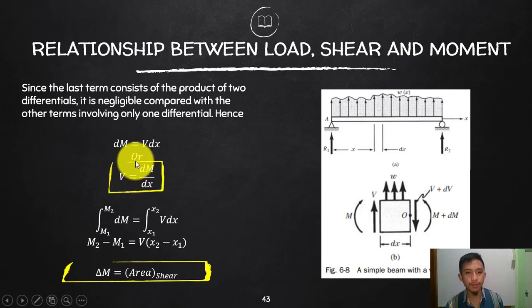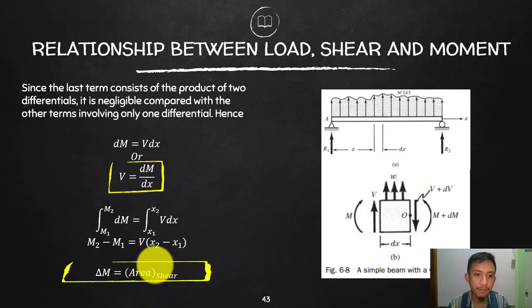So that you will not be confused, if we are referring to the diagram, the value of the shear on the shear diagram at a certain point is the slope on the moment diagram at that point. If you say slope, that is again the slope of the line. If that is a curve, then that is the slope of a line passing at that point. Then again, the change in the moment from the first point to the second point is just the area of the shear diagram.